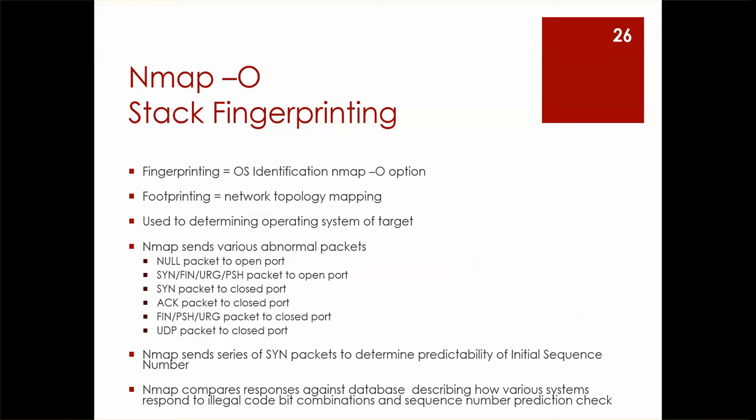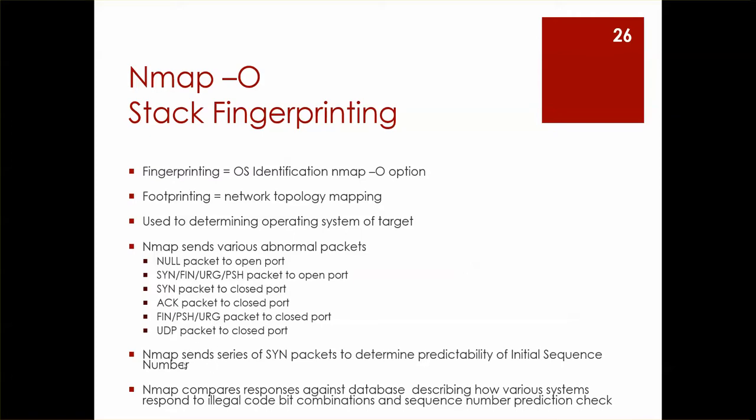When we're talking about footprinting, we're talking about network topology mapping, evaluating the layout of the network communication between host A, B, and the rest of the examined hosts for a particular range. With the -O option for Nmap, it lists the different things that it sends to the target to determine what operating system it's running.